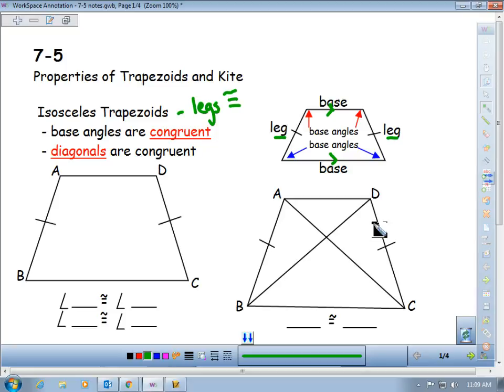And then, in any trapezoid, there are two sets of base angles. Where the legs intersect one of the bases is a set of base angles, here and here. And then where the other base intersects the legs is another set of base angles. So you actually have two sets of base angles.